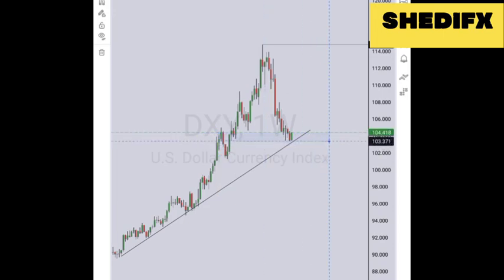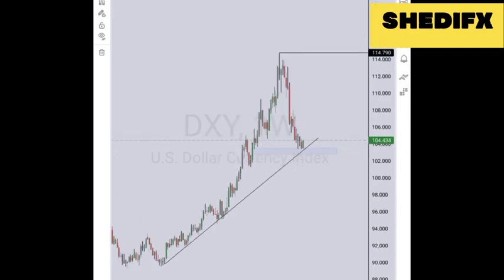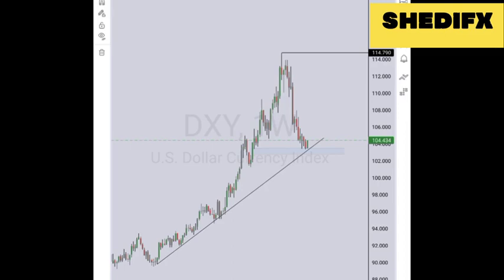If you are joining in, we have a support there. But if you want to refine your area, then definitely we have a fair value gap inside of this weekly time frame here, and then we have our trend line drawn across as well.